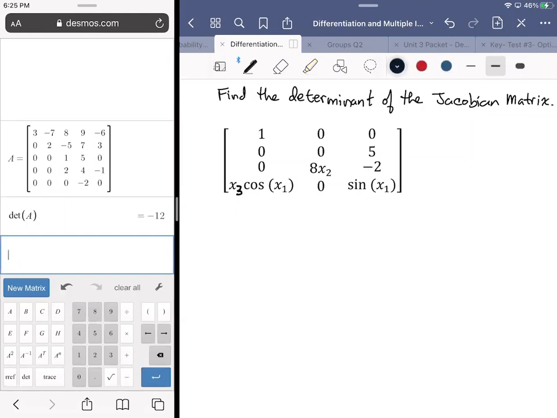So what I'm going to do is circle this bad boy, because row 1, column 1 involves an entry, the only non-zero entry in that row, right?